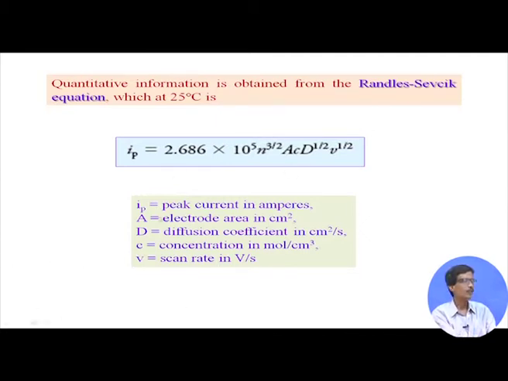And A is the corresponding electrode area. So, definitely, if you have a disc type of electrode, the electrode surface area is also important, in centimeter square, and D is the diffusion coefficient in centimeter square per second.